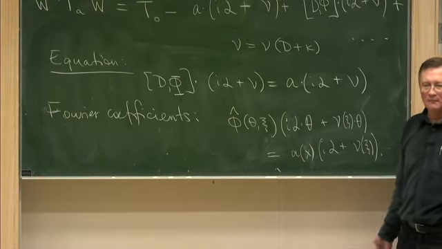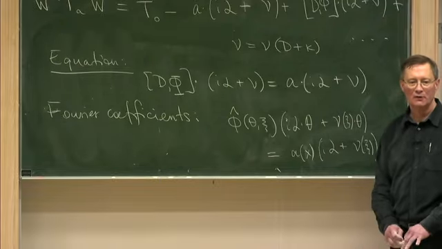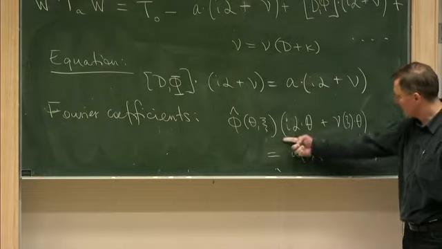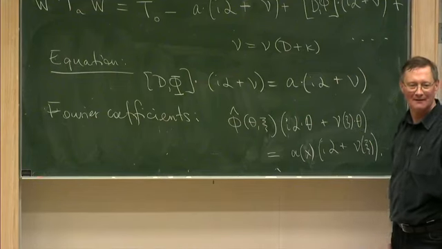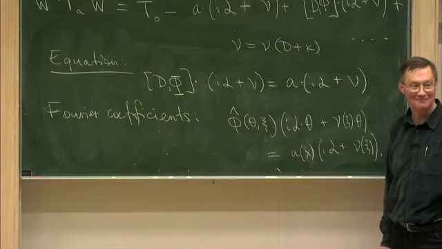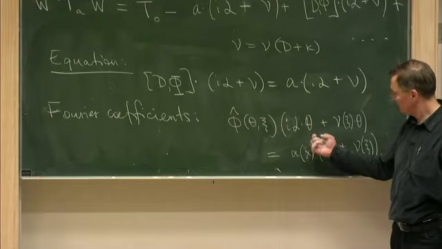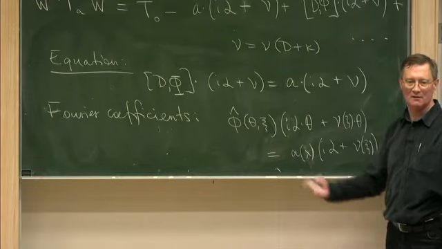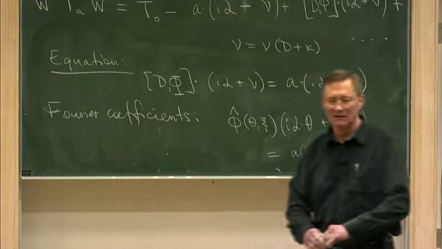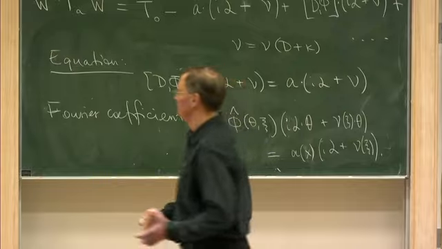This is a very good equation. We can solve it by dividing by this factor. Linear equation. Well, the only issue is whether this factor is non-zero. That's what we have to ensure.